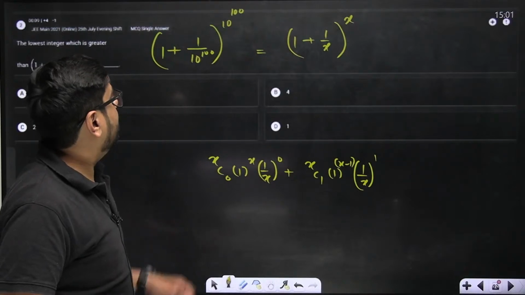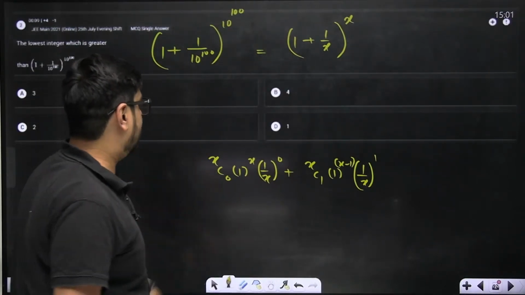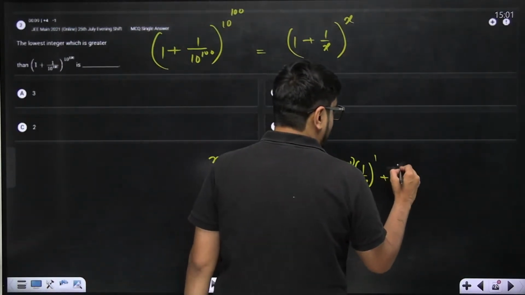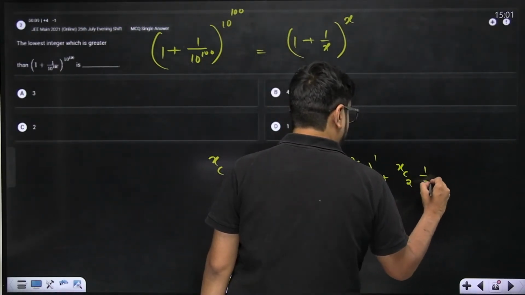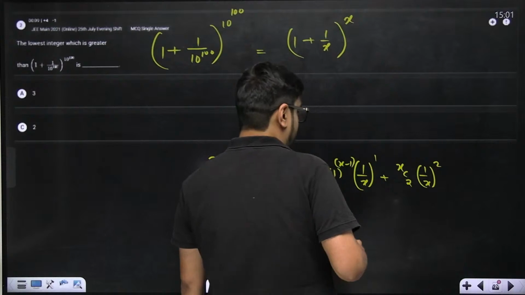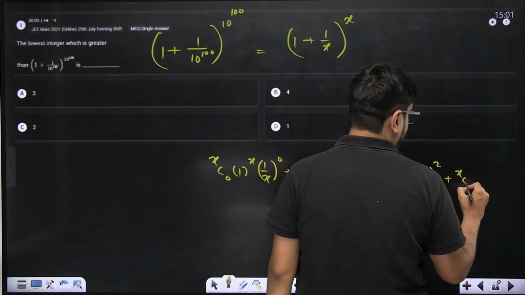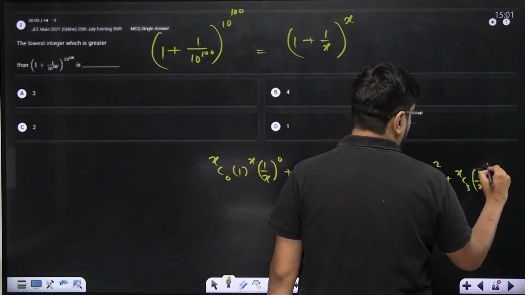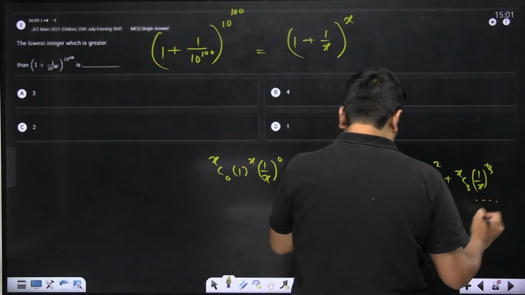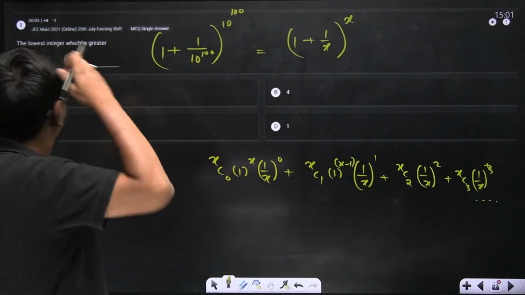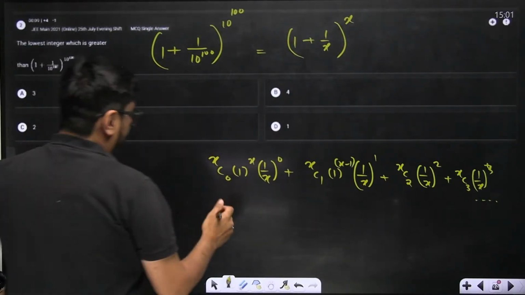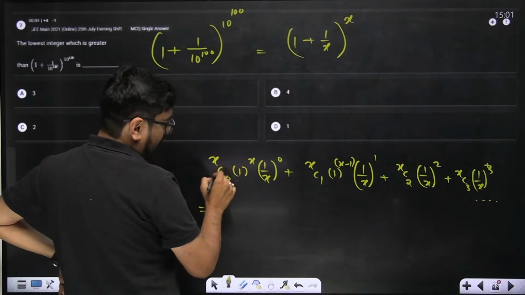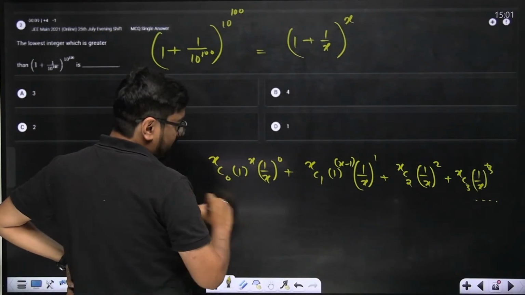Let's expand it like this only. Plus xC2, 1/x to the power 2, plus xC3, 1/x to the power 3. It will keep going on like this. Now, xC0 is 1, this is also 1.